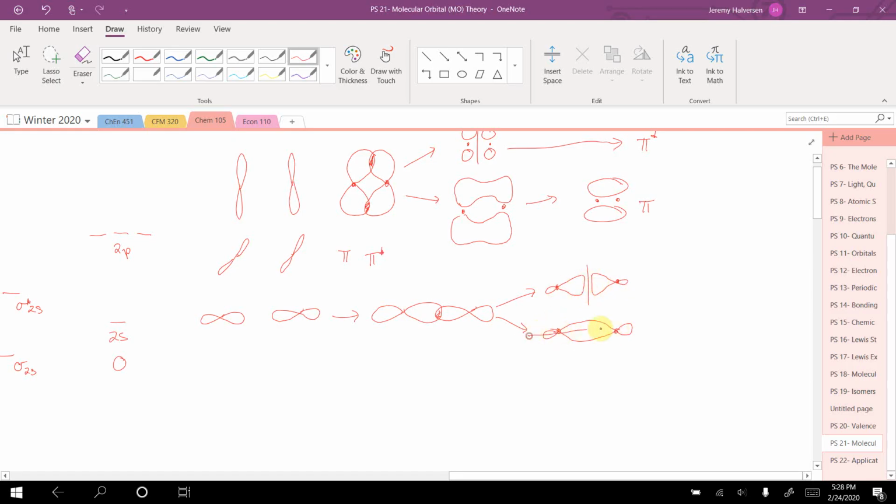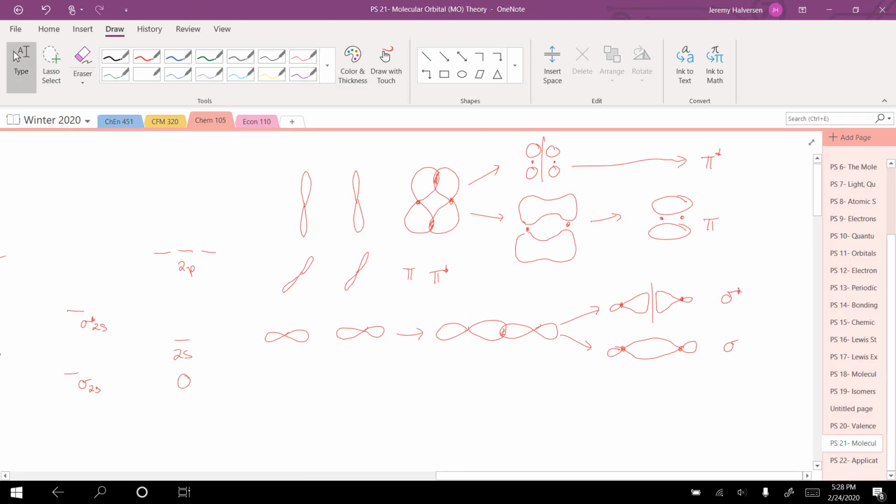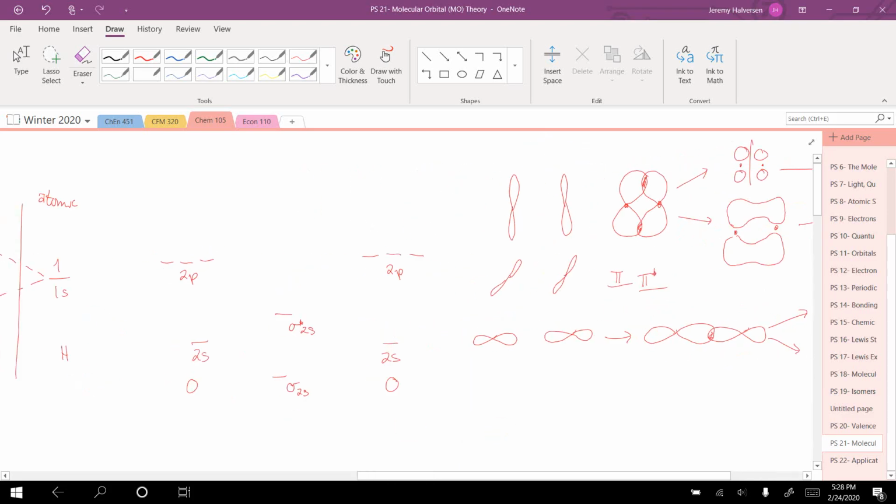Whereas this, if I drew a line, that's happening on that line, so we call this a sigma, and this is a sigma star. All right, so when I combine p orbitals, 3 p orbitals from each atom, I'm going to get 2 pi's, 2 pi stars, 1 sigma, 1 sigma star.